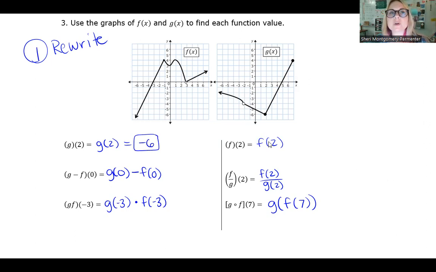See if you can figure out this one on your own. This is f of 2. So you're going to go to the f graph. Where is it at 2? And for this graph, don't be too petty. It's not exact. So where do you think it is at 2 for the f graph?